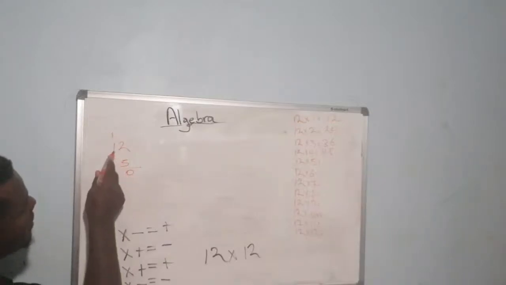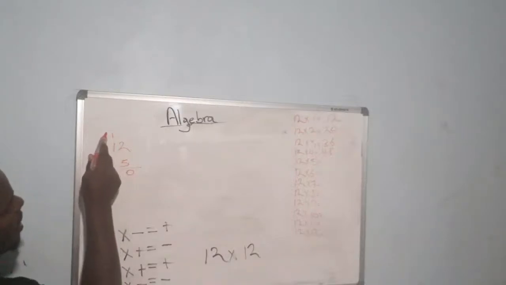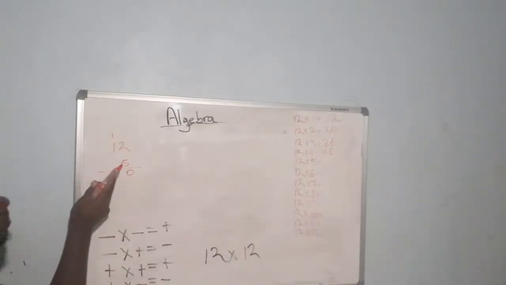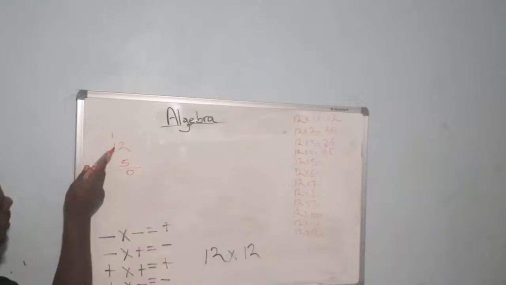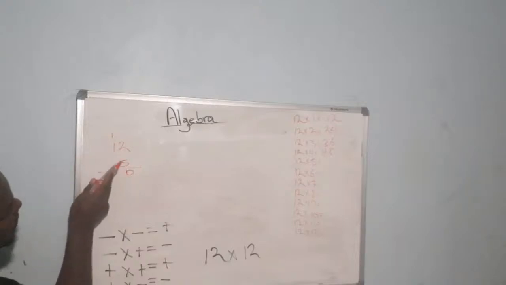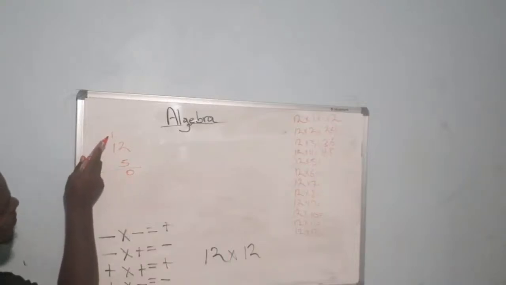And now 5 times 1 is 5 plus another 1. Remember, you bring this 1 up here from the 10.